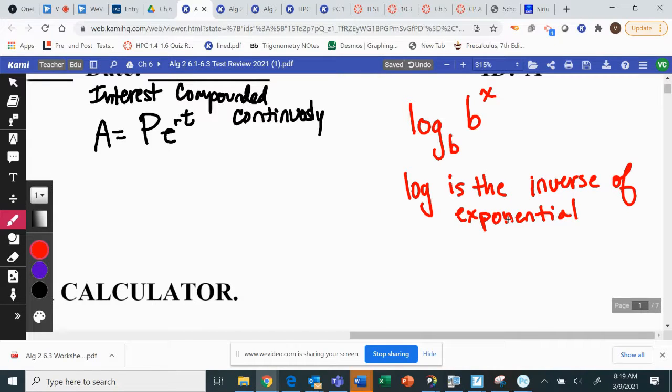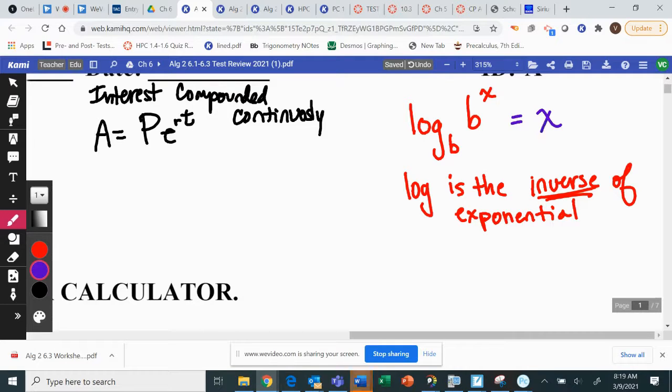So log is the inverse of exponential. If I write log base b of b to the x, the log base b and the b are inverses. And when they are inverses, what happens? If they're inverses and next to each other, what happens, Amar? They cancel out.